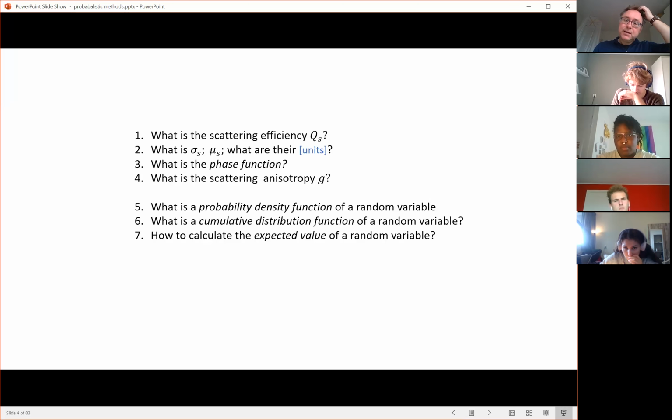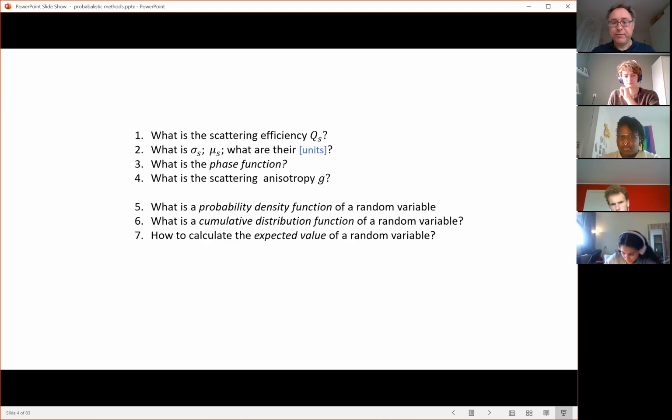Yeah, that's true. And then the last question 7, that is basically a little bit rephrased question 4. How do you calculate the expected value of a random variable? It's an integration with x times the PDF, I think. Yeah.